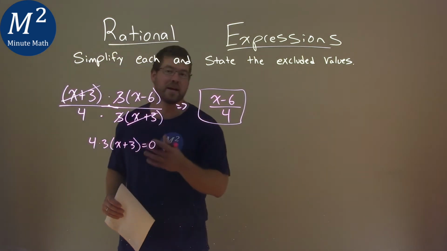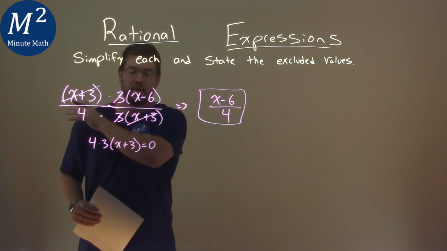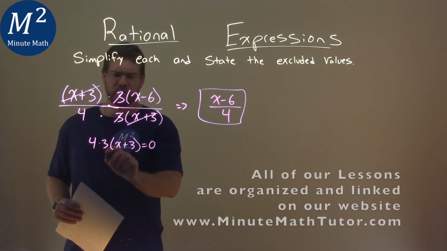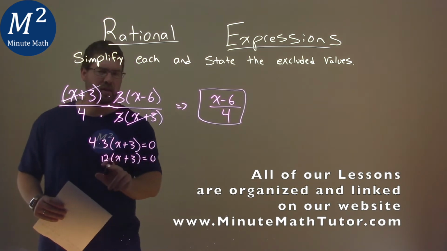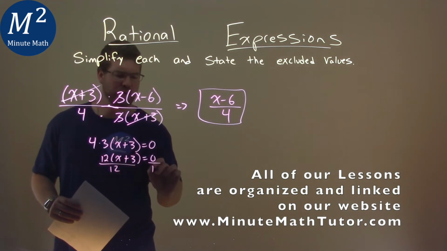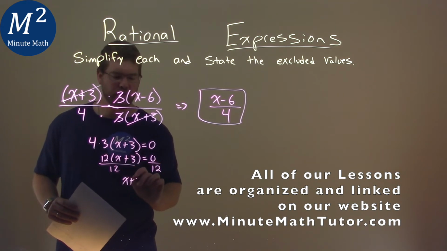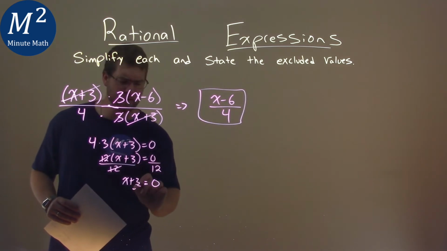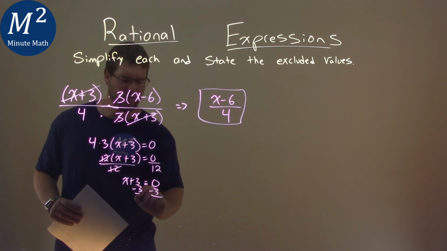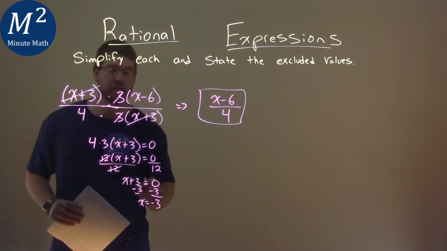And we need to find what x value causes this denominator to equal 0. Well, 4 times 3 is 12, but to get rid of that, we divide both sides by 12, and it won't really matter. We have an x plus 3 on the left, and 0 divided by 12 is 0. We subtract a 3 from both sides, and we have x equals negative 3.